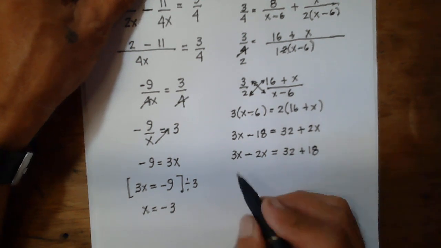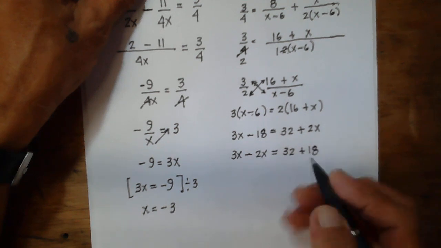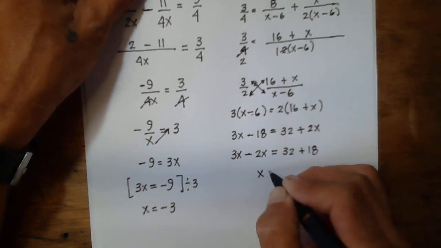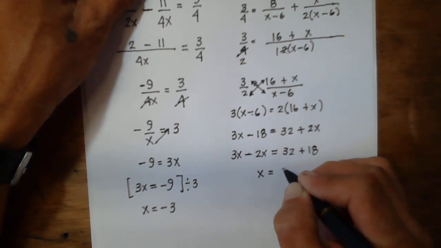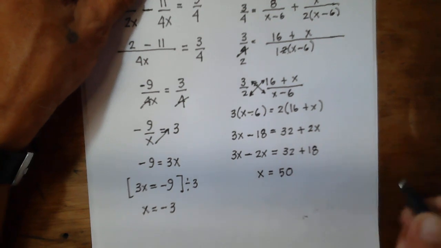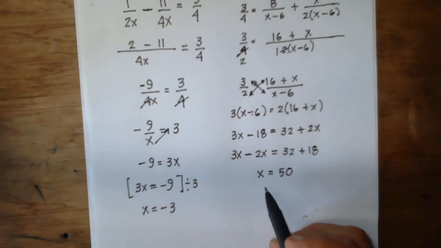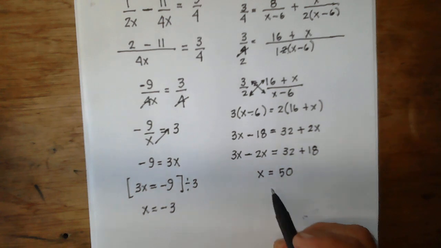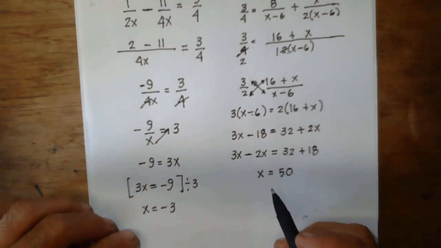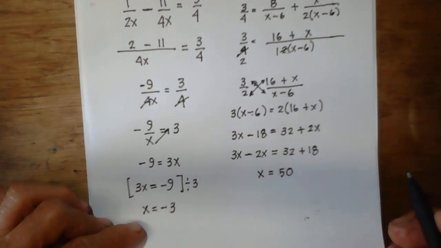So solving for x, we have 3x minus 2x, we have x. 32 plus 18, we have 50. So therefore, the solution to this example is x is equal to 50.